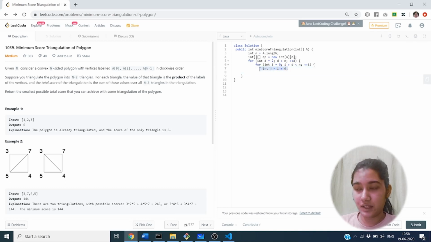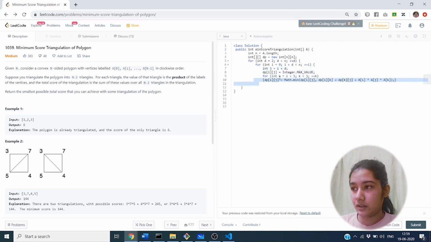And as we have seen in the condition, the jth value cannot be equal to i or i plus 1, so we will initialize it with i plus d, that is i plus 2, and then iterate the kth value between i plus 1 and j minus 1, and change the value at index i and j by finding the minimum value possible by looking at its initial value and the calculated value.